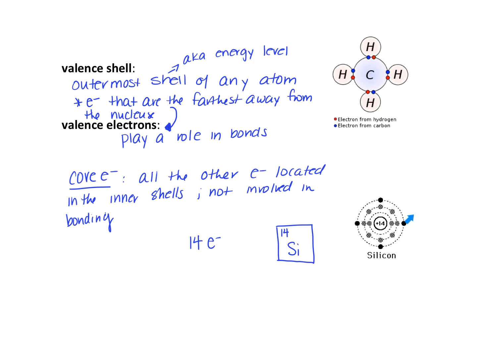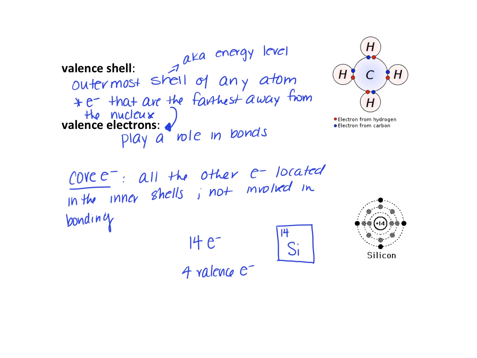Those 4 are the valence electrons. So silicon here has 4 valence electrons. So out of the 14 total electrons, only 4 valence electrons are involved in bonding.